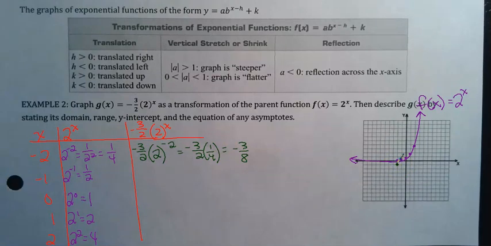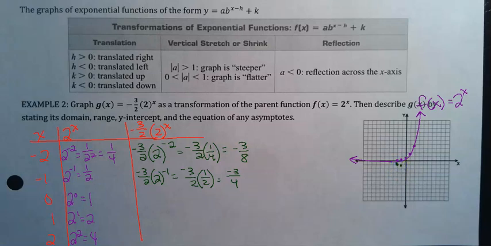Okay, so then the next one, we're going to have negative 3/2 times 2 to the negative 1, which is equal to negative 3/2 times 1/2, which is equal to negative 3/4. Okay, so I'm going to do negative 1 and negative 3/4. So this one should have been up here.